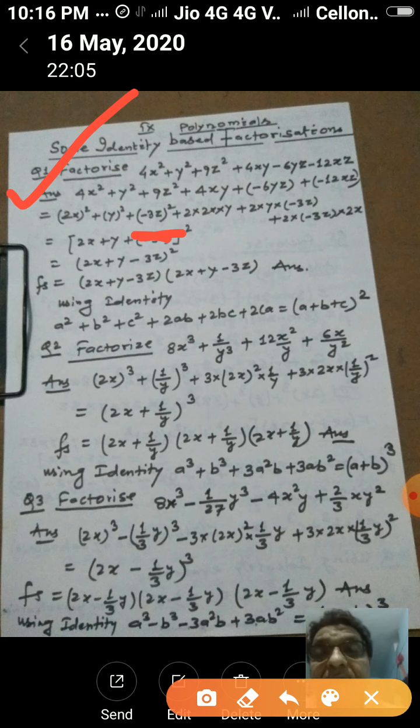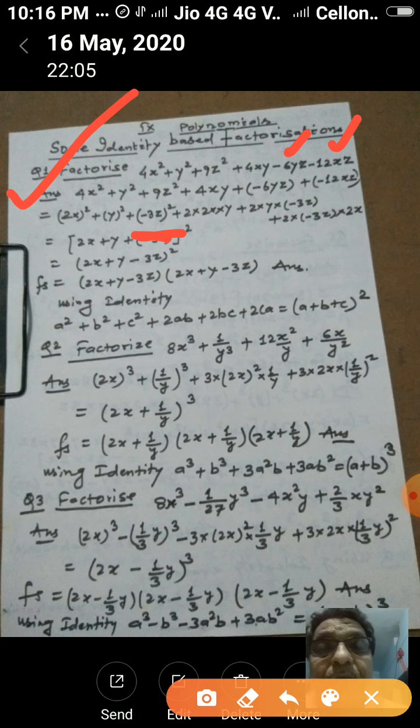Actually it should be 3z whole square, but since you are viewing your question, two terms are in minus sign, and if you observe deeply, the reason for this minus sign will be clear: in both these terms z is present.